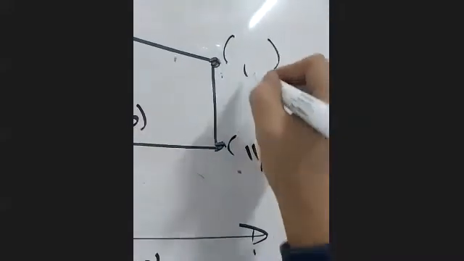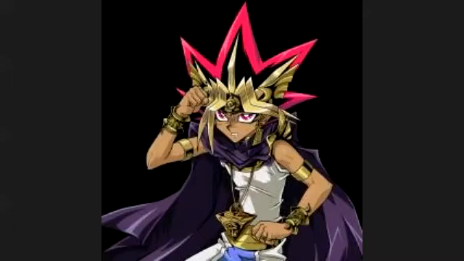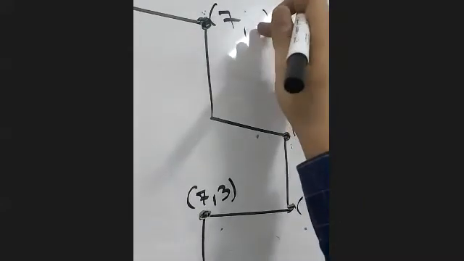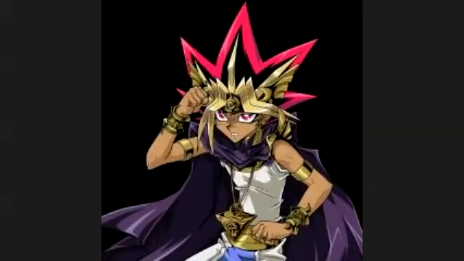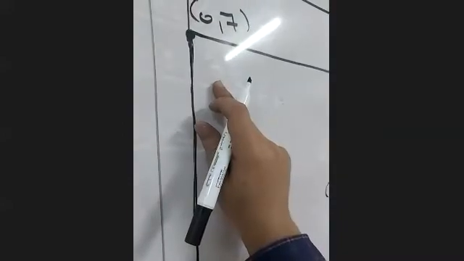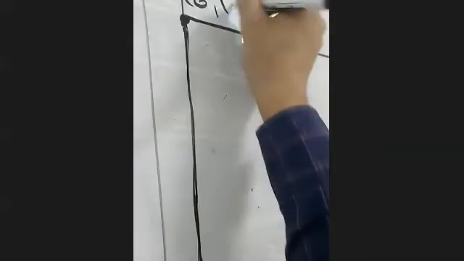Here, 11 and 7. Here, 7 and 7... no, here 7 and what? 10. 7 and 10. Here, 0 and 10. Good.